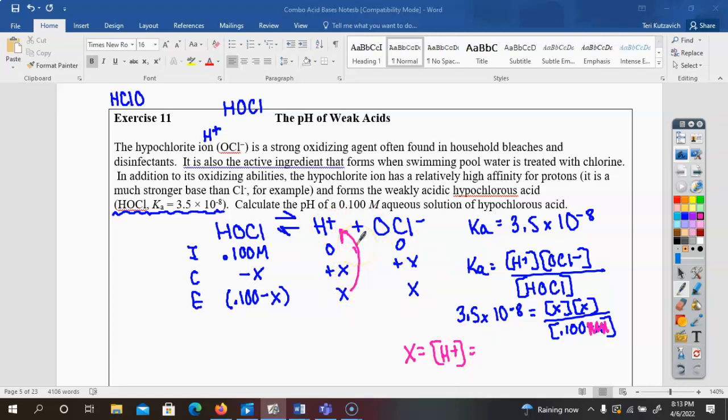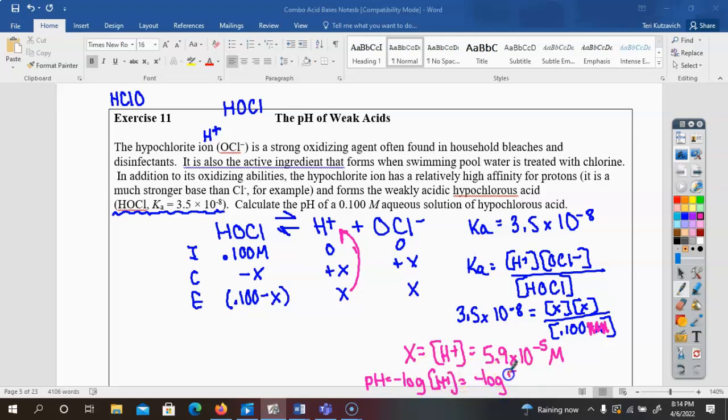When they give you the Kb and it's a base, it's going to be equal to your OH minus. Make sure you do that so you don't get it mixed up. This comes out to be 5.9 times 10 to the negative fifth molar, because you know brackets mean concentration. And then you know pH equals negative log of H plus.